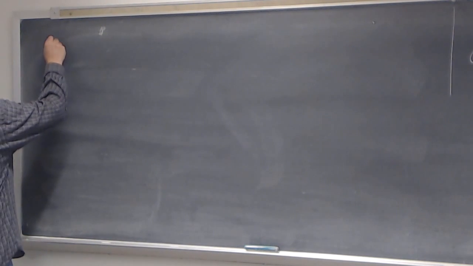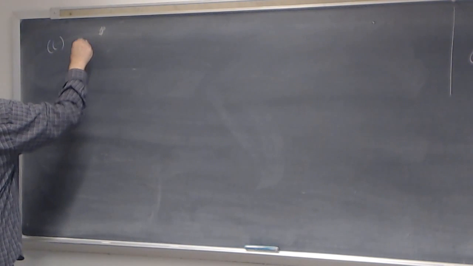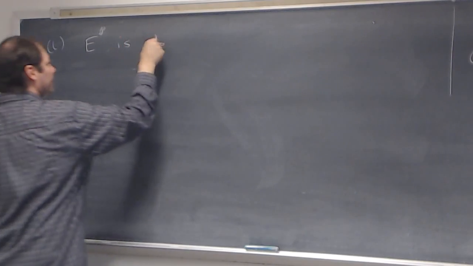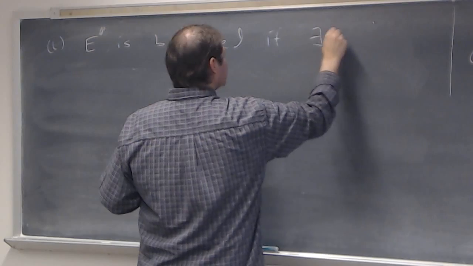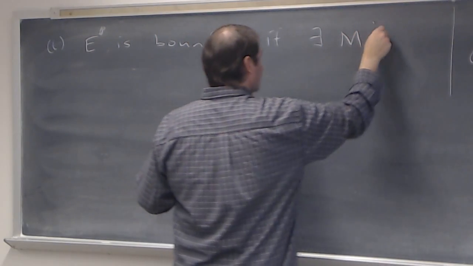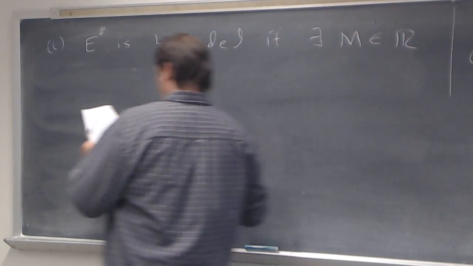Next definition I want to give is that of a bounded set. This is the right definition. It says a set E is bounded if there exists a number. It's going to be positive. We're saying it's a real number M. It's going to be positive.